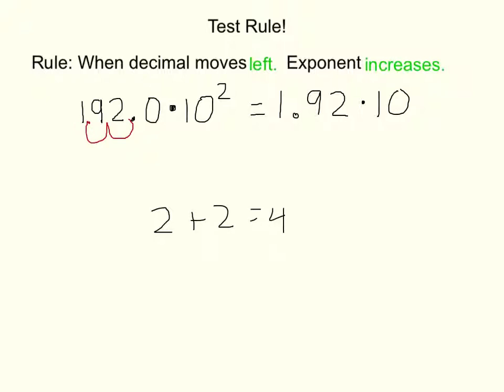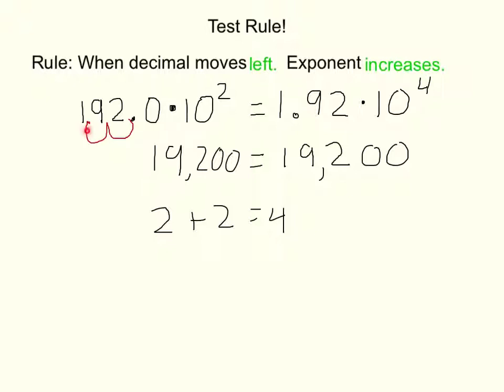So I can conclude that my new exponent is 4. To double check that I did not change the value, I put both of my equations into my calculator and my value did not change. So yes, my notation in proper scientific notation is 1 and 92/100 times 10 to the 4th power.